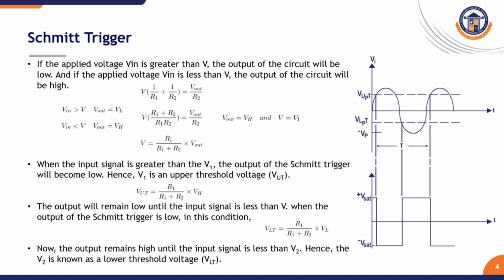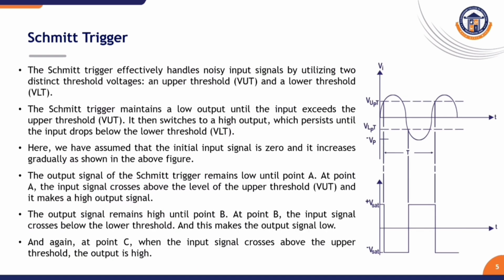Step-by-step working. Let us assume the input voltage starts from 0 and slowly increases. If the input is less than the upper threshold voltage, the output remains low. Next, if the input crosses the upper threshold voltage, the output switches to high, and the input now starts decreasing.